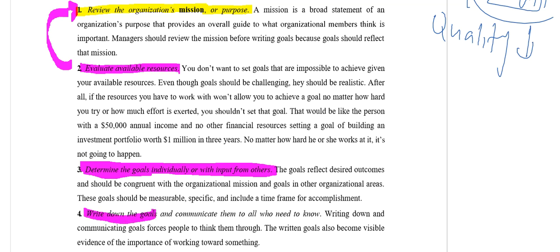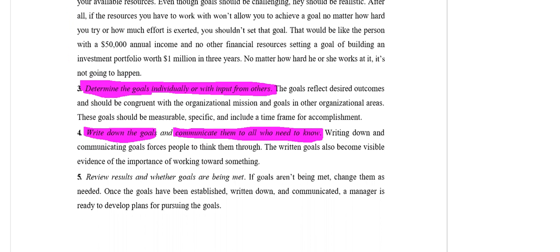Number 4, write down the goals, and after that communicate them to those who need to know. After determining the goals and consulting others, we have to write down the goals first, and after that communicate them to those who need to know the goals.